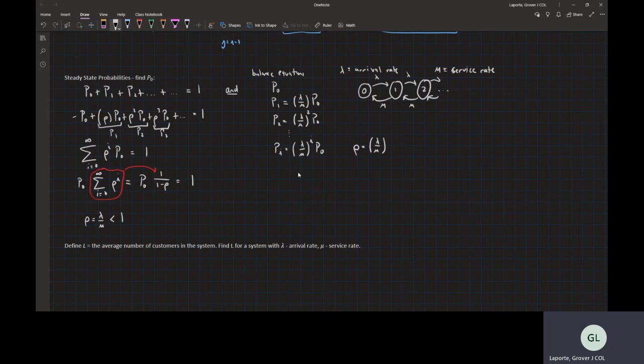Multiply both sides by 1 minus rho, and P0 is just 1 minus rho. We can use that and substitute into here, and for any state i that we're looking for, we can find a steady state probability simply by taking rho to the ith power and multiplying it by 1 minus rho. So this is our result for any steady state probability.